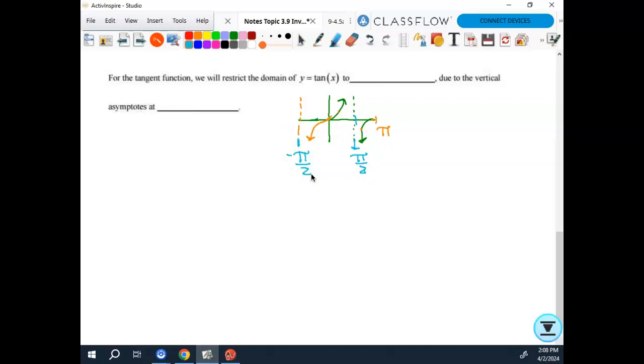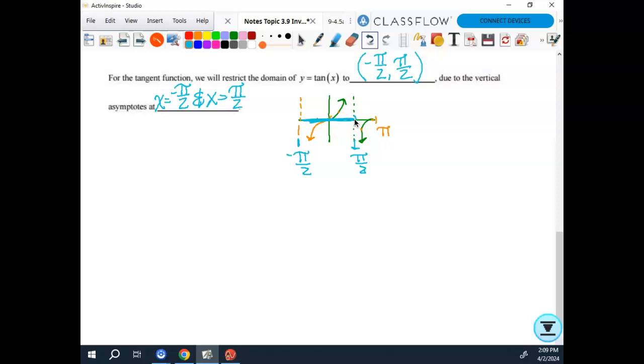So we're going to do like we did with sine and restrict this to negative pi halves to pi halves. Do I get to include those here? No, because they're asymptotes, due to vertical asymptotes at x equals negative pi halves and x equals pi halves. And so on the unit circle, we're using quadrants 4 and 1, just like we were for sine. Okay? So sine and tangent use the same pieces, cosine's on its own.